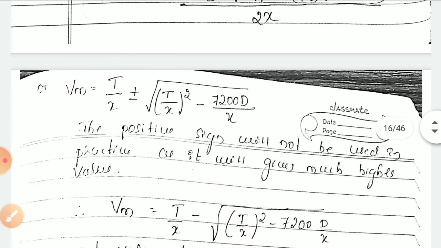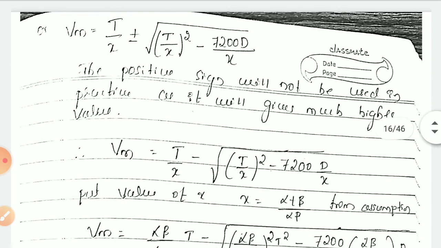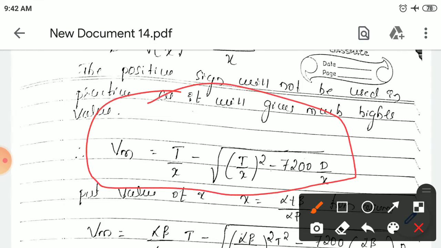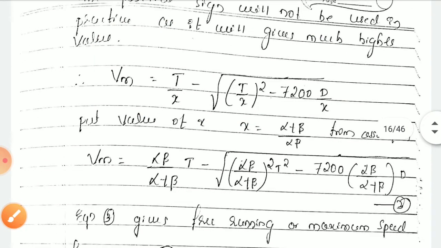The positive sign will not be used in practice, as it will give much higher values. So Vm is equal to t divided by x minus square root of t by x whole square minus 7200D divided by x. Now put the x value: x is 1 by alpha plus 1 by beta, equal to alpha plus beta divided by alpha beta.